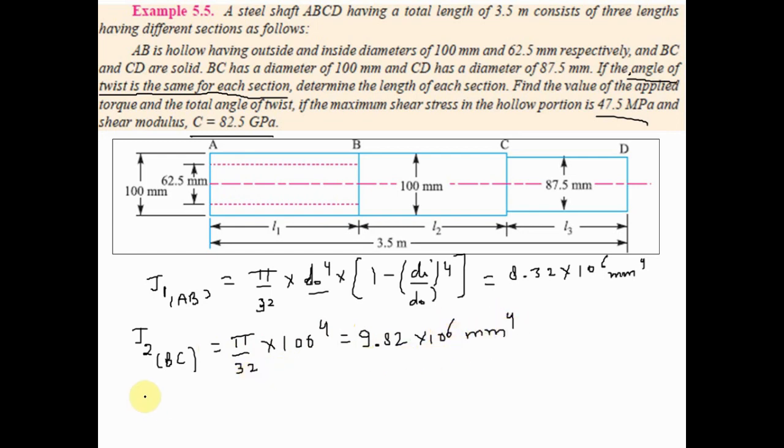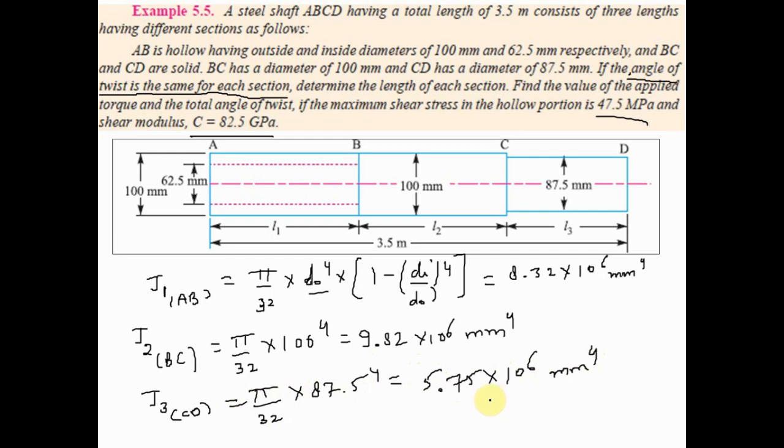Last, J3 for section CD. Again it is solid, so pi by 32 times d to the power 4, with 87.5 to the power 4. Solve along with me, you will get 5.75 times 10 to the power 6 millimeter to the power 4.